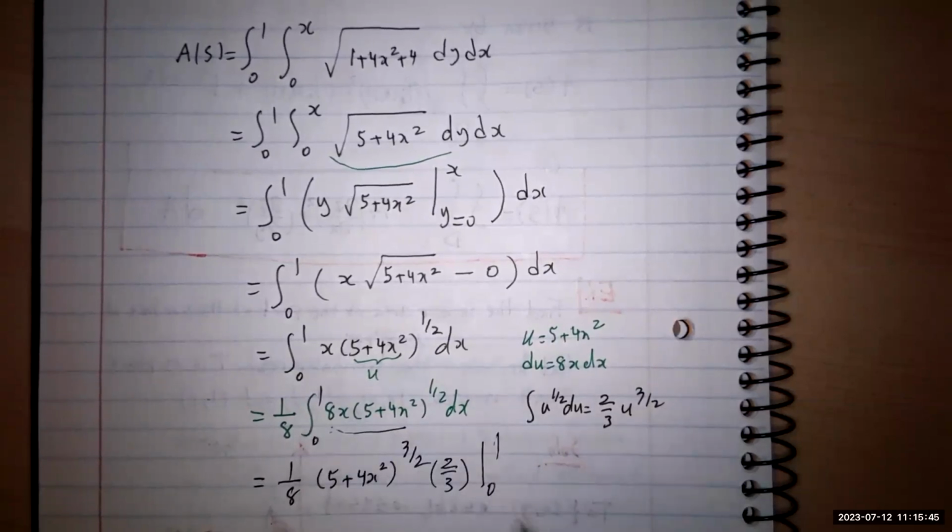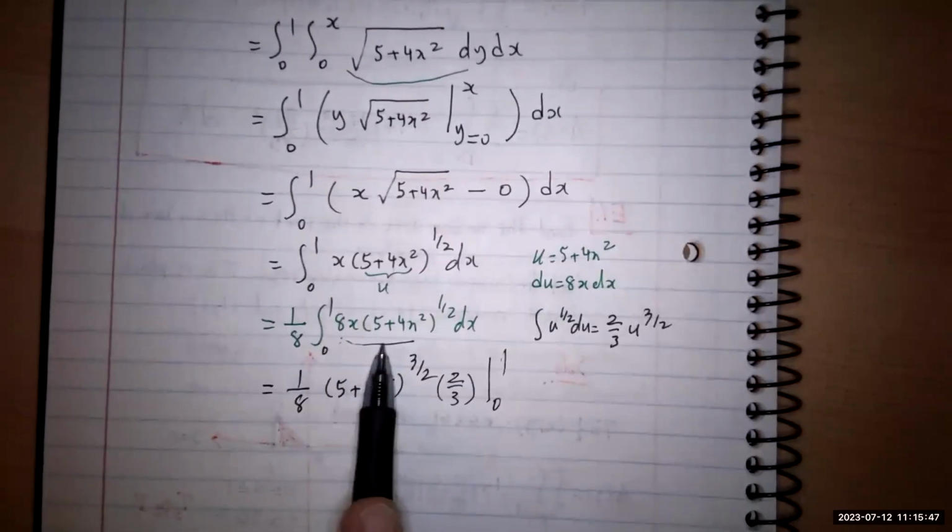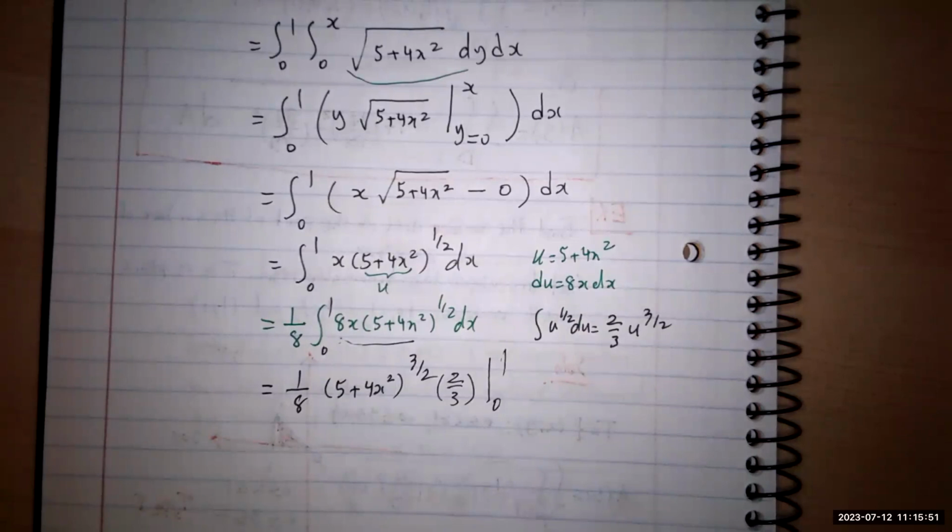Any question? It's a u substitution. You can go back and substitute if you like, but I do it in short form. I need the 8 here, so I multiply by 8 and divide by 8. So that would be simply u to the 1/2, and u to the 1/2 integrates to u to the 3/2 divided by 3/2, which is 2/3.